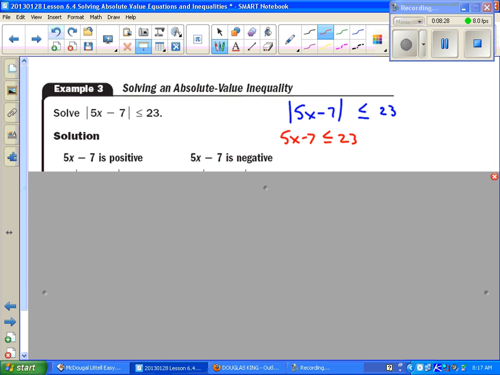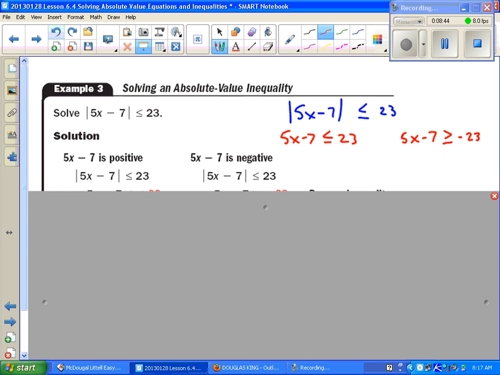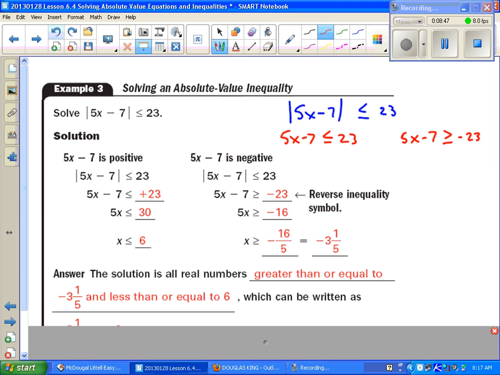The other way you do it, you write it as 5x minus 7, except this time we reverse our symbol. It becomes greater than or equal to, and positive 23 becomes negative 23. This is a less than or equal to inequality, so we're going to make it an "and" inequality. So it'll be "and."